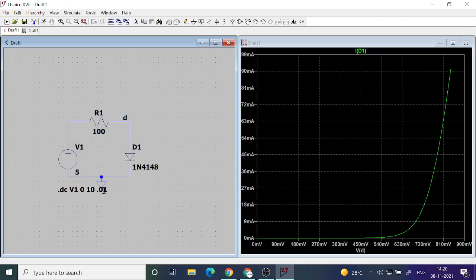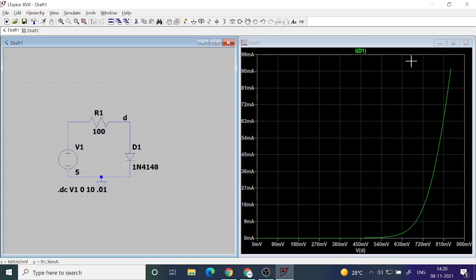As you vary the source voltage from 0 to 10 volt, how much is the voltage varied across the diode? That is what this x-axis is showing. It is going a little more than 0.81 volts. You can see here it is not even going up to 0.9.